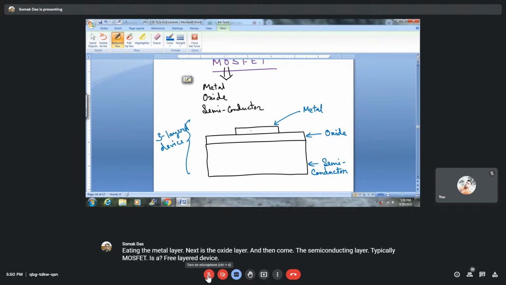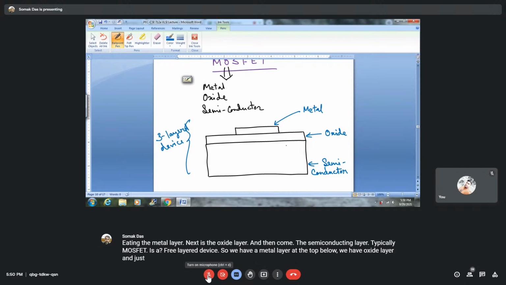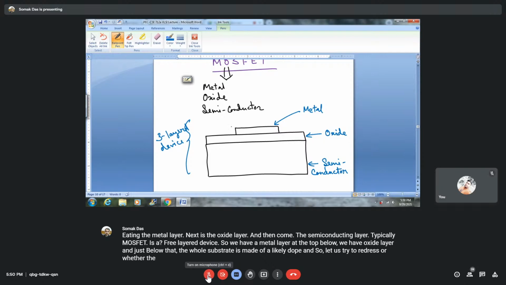So we have a metal layer at the top, below we have an oxide layer, and just below that the whole substrate is made of a lightly doped semiconductor. So let us try to redraw, or rather complete the drawing.